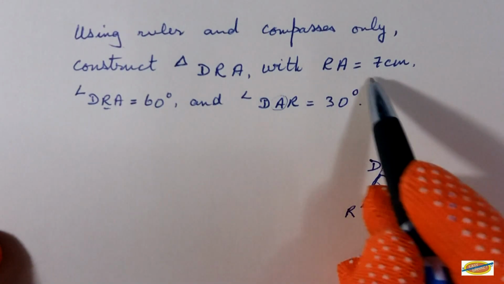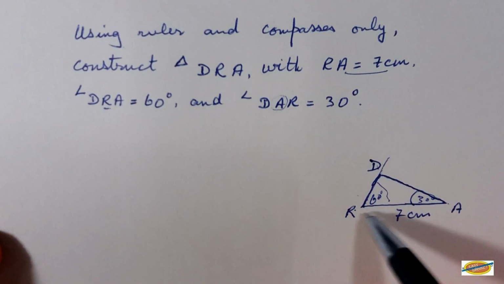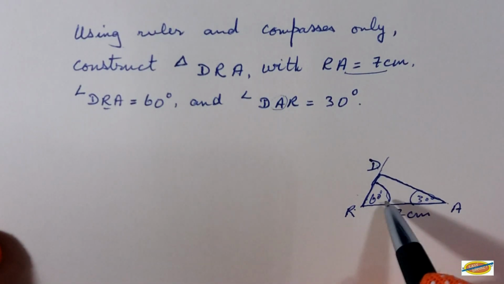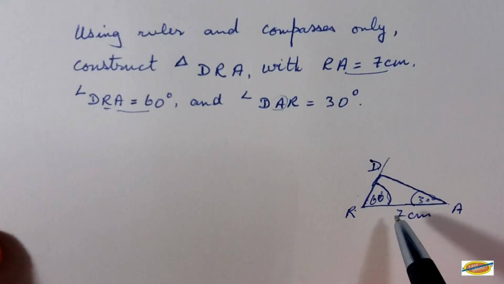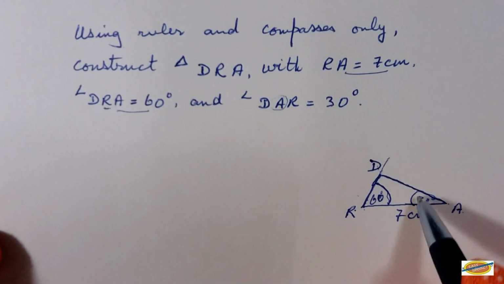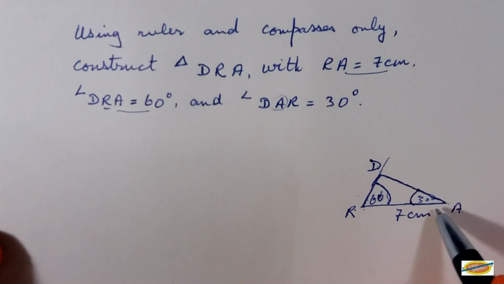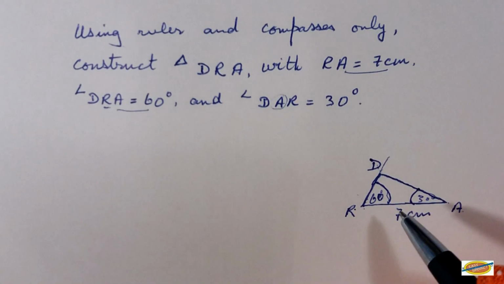So RA, 7 centimeters, angle DRA, which is this angle, 60 degrees, and angle DAR, which is this angle, 30 degrees.